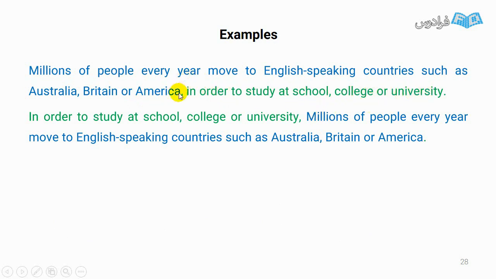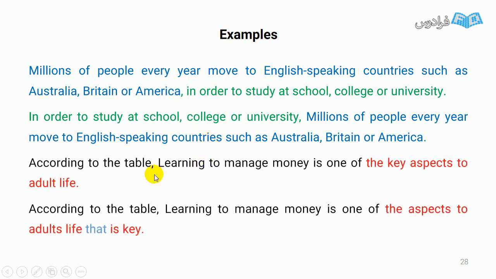Look at this blue clause and this green one. I replaced them easily. But this one, according to the table, learning to manage money is one of the key aspects to adult life. Look at this red part that is changed: the aspects to adult life that is key, using a relative pronoun.